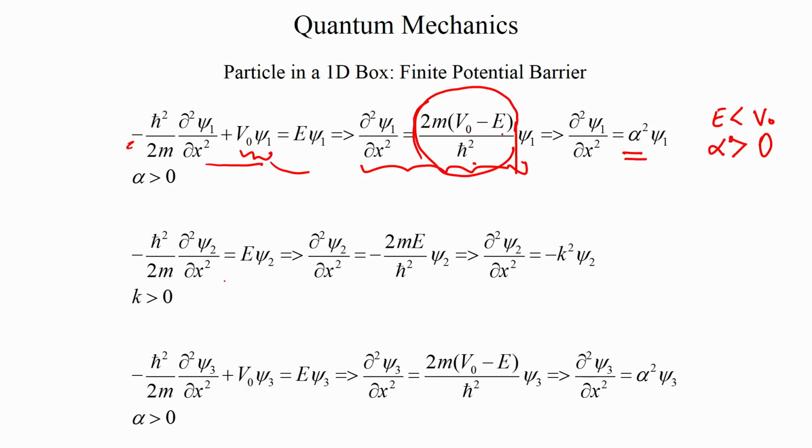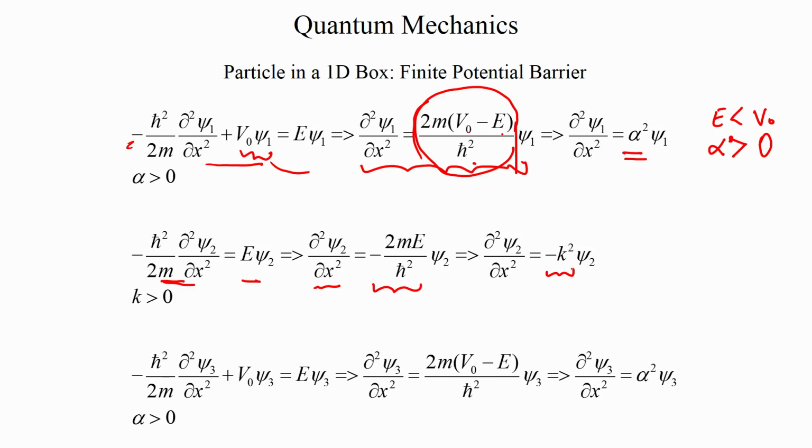Similarly, in region 2, we have Schrodinger's equation where the kinetic energy is equal to the total energy. And I can rewrite this as dou square psi 2 by dou x square is equal to minus 2m E by h bar square, and we will define this term as minus k square.